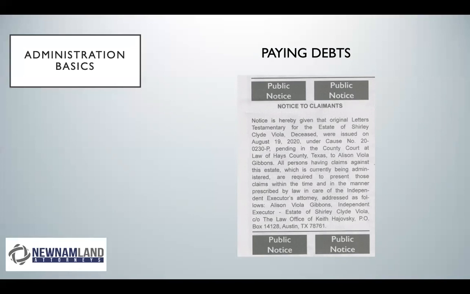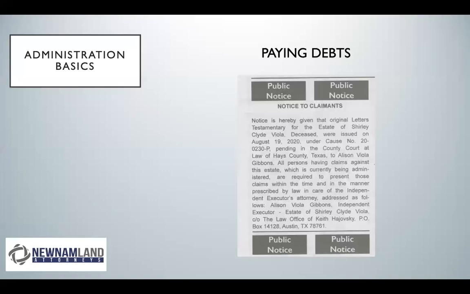So every probate is going to have this general notice to claimants that is posted in the newspaper, and that lets generally creditors know the probate's pending. But you also have to give specific notice to any secured creditors. So what's a secured creditor? A secured creditor is someone who has a lien on a piece of property.